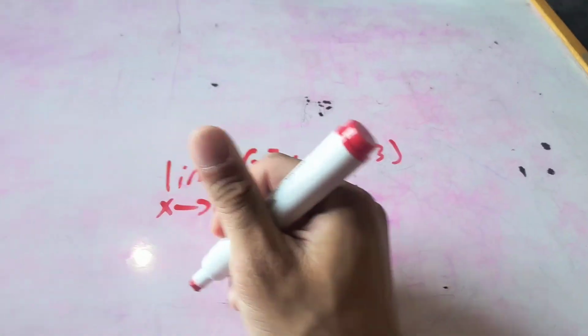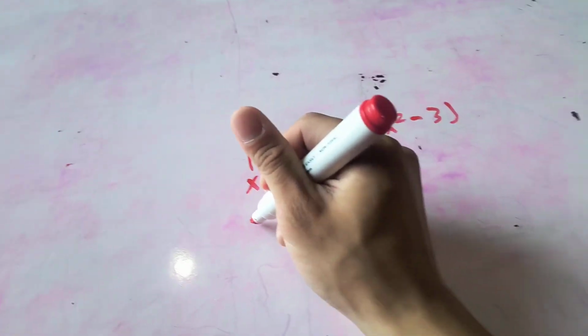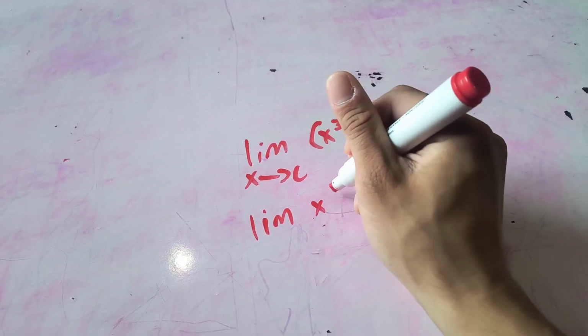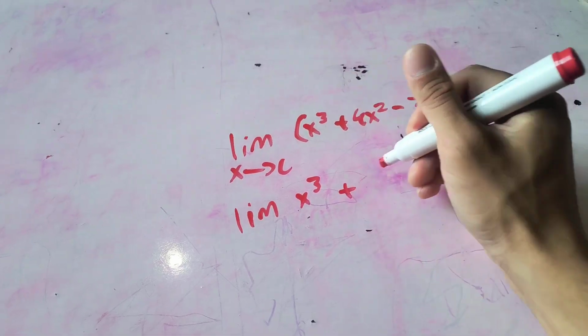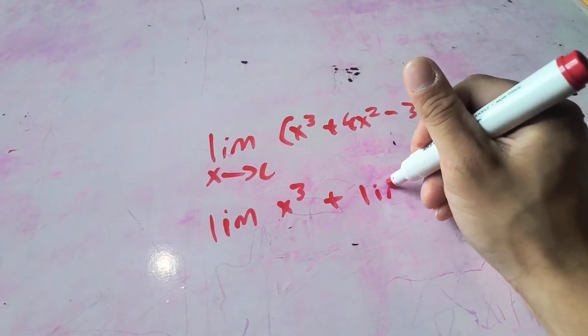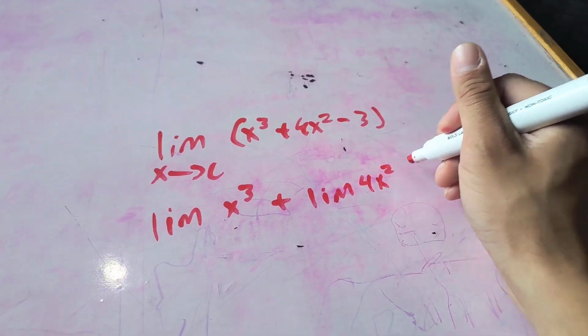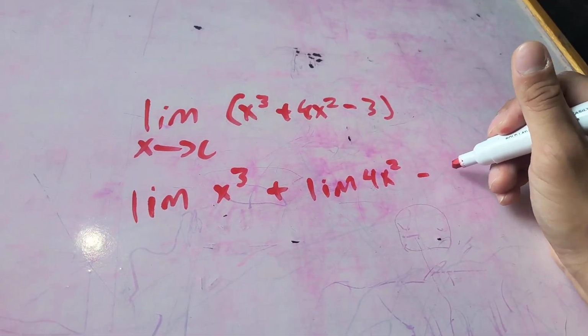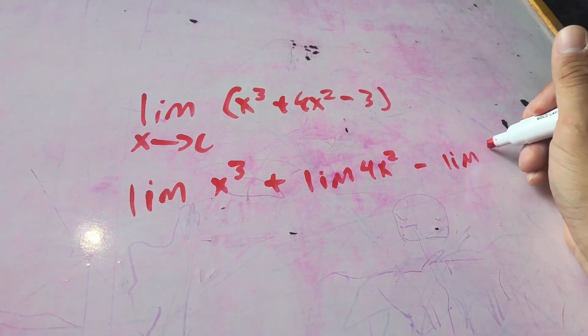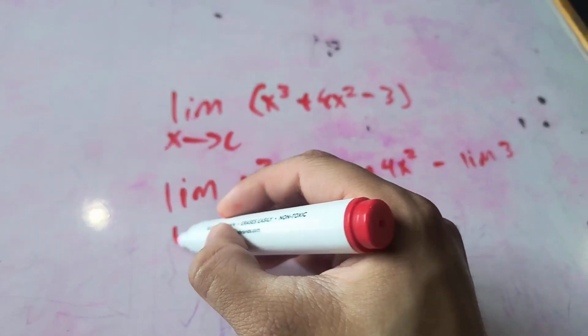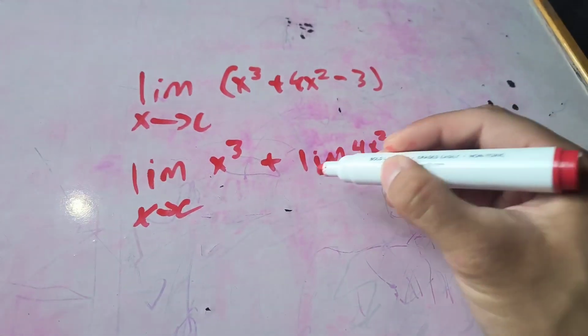And we can say that this is equal to the limit of x to the power of 3 plus the limit of 4x to the power of 2 minus the limit of 3, all as x approaches c.